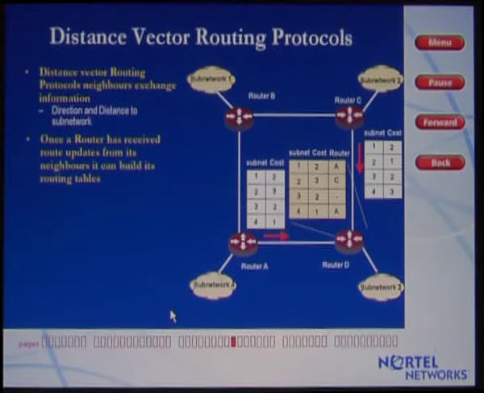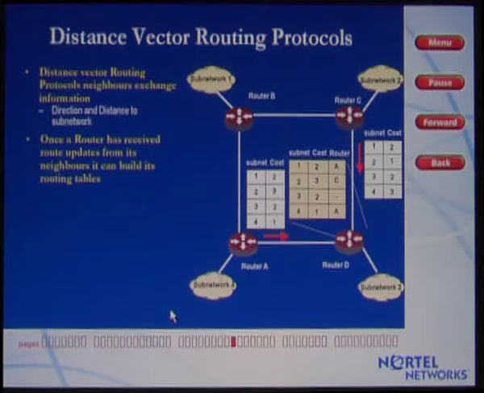If router D receives a similar set of vectors from each of its neighbors, it can use the information to build a full routing table. The routing table will contain each of the network addresses reported by D's neighbors, as well as the addresses of the subnetworks to which D is directly connected. Associated with each subnetwork will be the distance to that network and the IP address of the router that lies along the path.